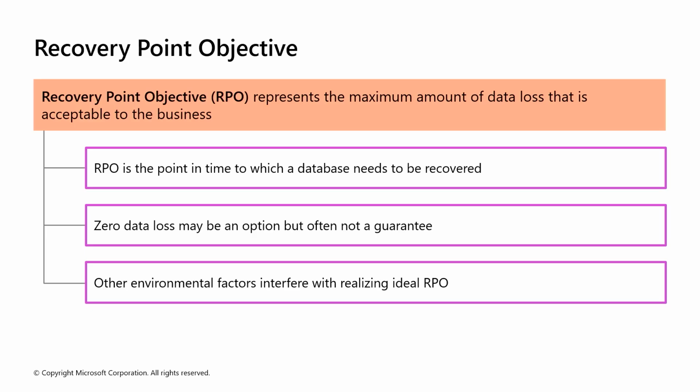It is also important to note that there are many other environmental factors that may interfere with you getting your ideal RPO. So just have a plan for that. Build that in. To bring your data back, you need a plan A, and if that fails, you need a plan B, and if that fails, a plan C, a plan D, etc. It's important to start with the basics: a backup of the information that you cannot lose, and the system that it is on and the network that it uses.